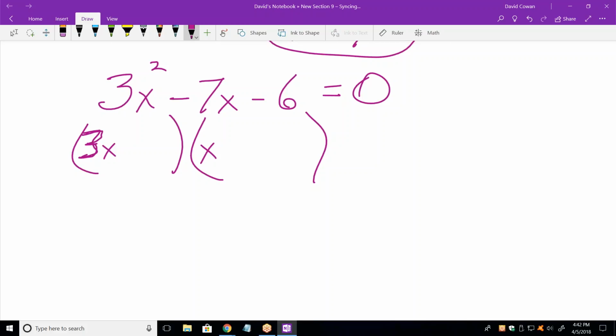Don't worry about the middle term yet. Let's just focus on this for starters. So what does that tell you the signs have to be? One has to be positive and one has to be negative. So it's either plus minus, but because these coefficients for the x are different, I have to consider minus plus also.